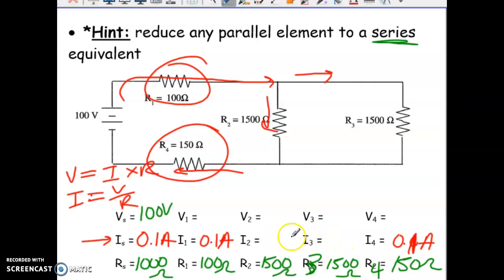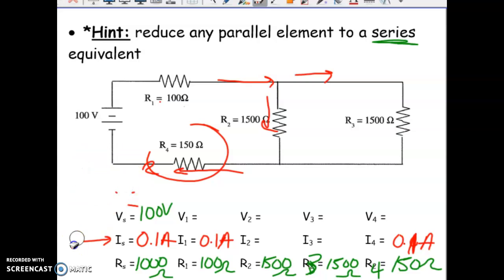Now here, I2 and I3, we're missing that information still. But let's hold off on that for a second, okay? Because we don't know if they're going to be exactly the same or if they're going to be different. So we're just going with what information we have and what we can solve for right now.